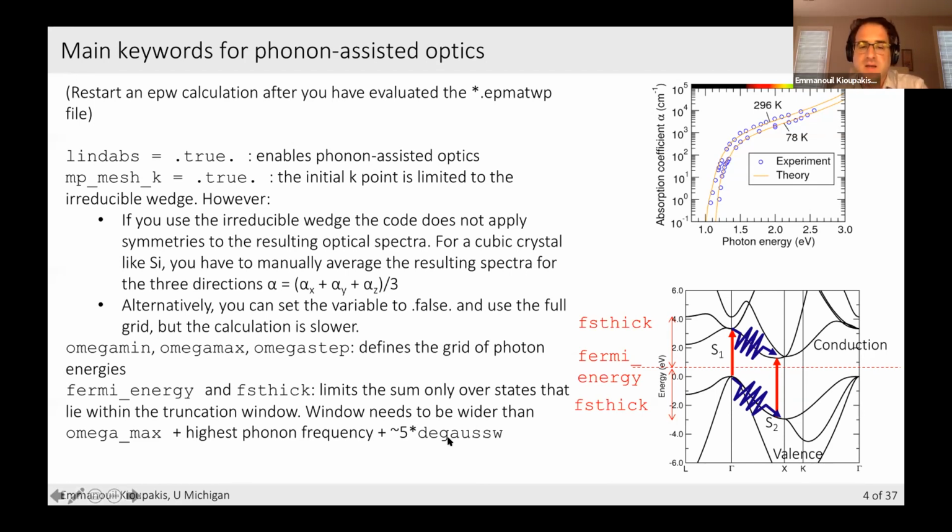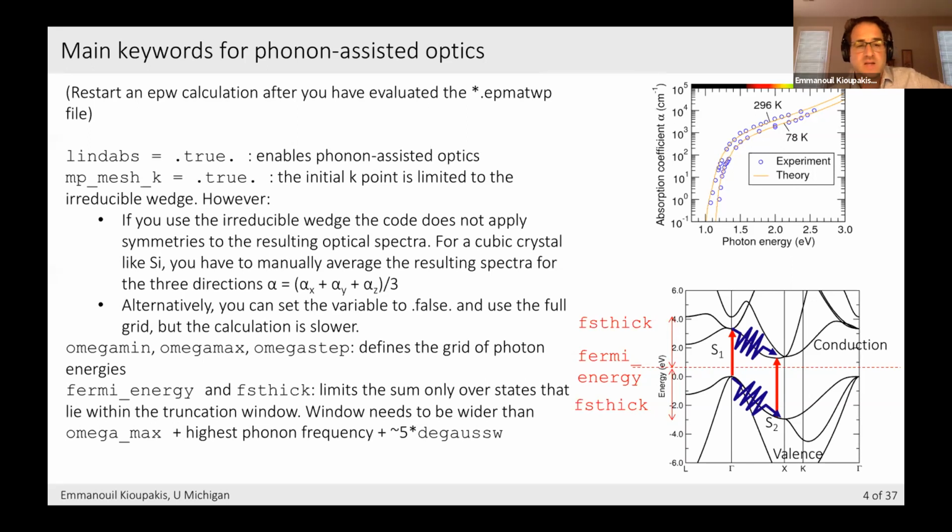The other thing is that even though you may have states which are further outside your window, you are using Gaussian broadening. So even states outside the window have a tail that may contribute to your spectral region. I would say if you go to 5 times the Gaussian width, the Gaussian function has decayed quite rapidly.